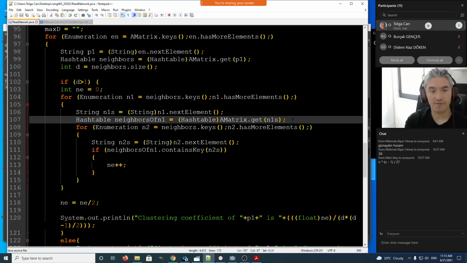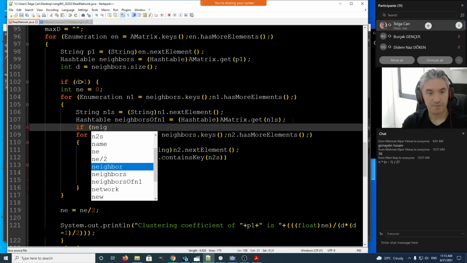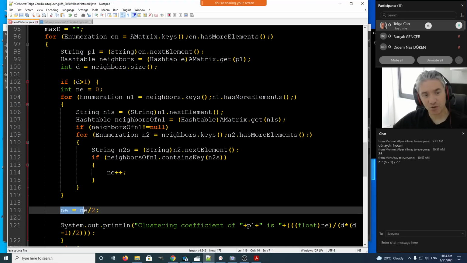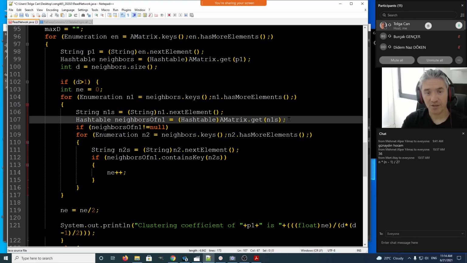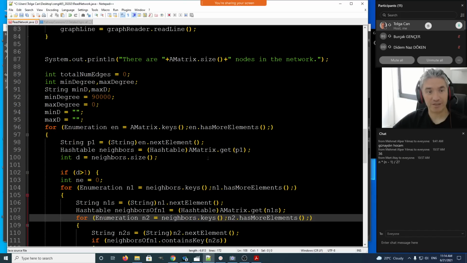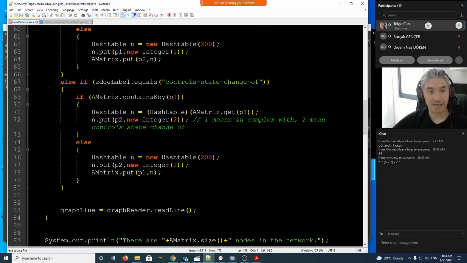You can check here, for example, if the neighbors of n1 is not null, then do that. But it will also mess up your count, which you divided by n2 here, which assumes undirected interactions. So in order to simplify this and get rid of this runtime error, I'm just going to consider undirected edges in my network.